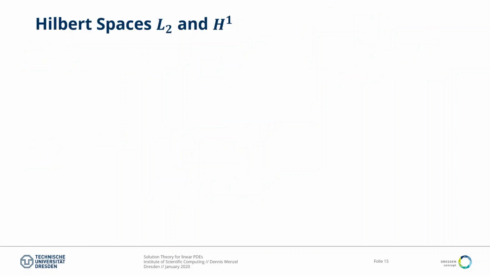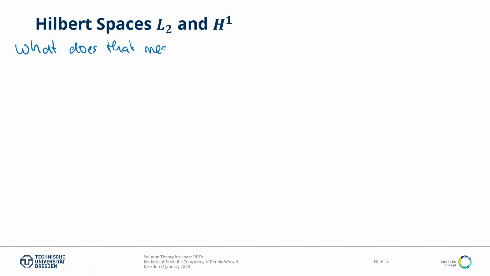Hilbert spaces. I have already mentioned in the previous lecture about Sobolev spaces that both L2 and H1, and more precisely all Hk spaces, are Hilbert spaces. But here we need more details about this, which is why I want to give a short recap. What does a Hilbert space even mean?